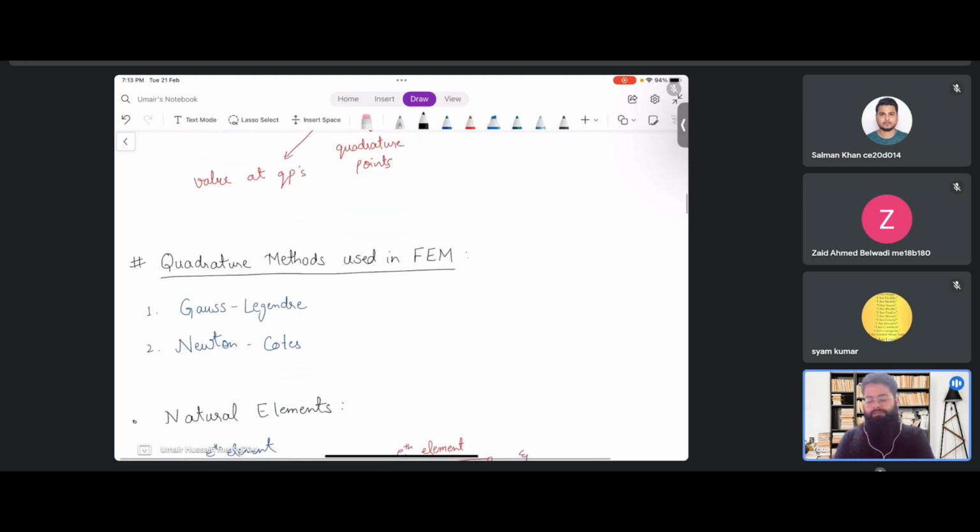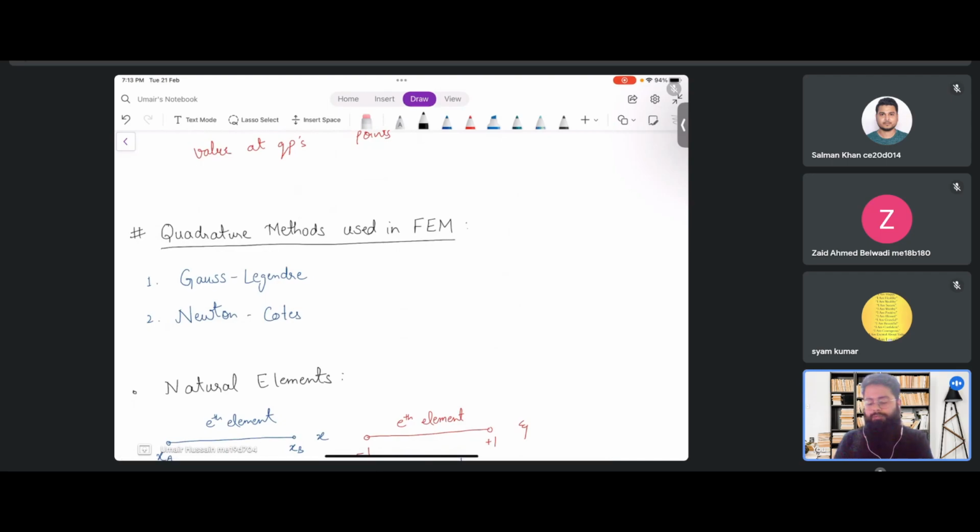So in FEM we use two special types of quadrature methods, numerical integration methods. First is the Gauss-Legendre quadrature rule, and the second is the Newton-Cotes quadrature method. Of these two, the Gauss-Legendre one is more famous. I think I have never seen Newton-Cotes used.